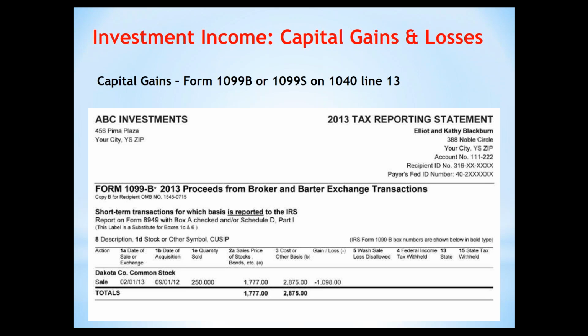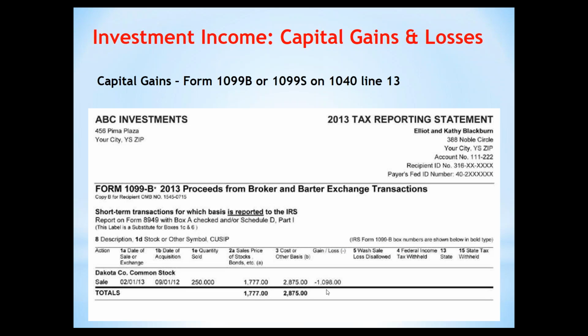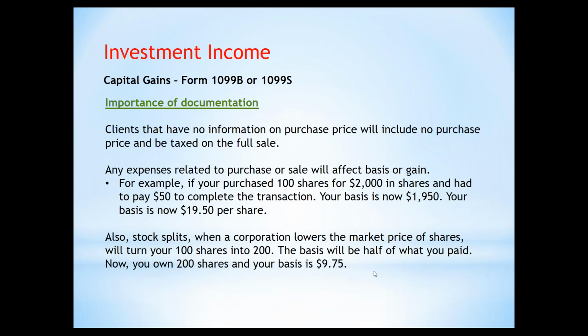That date will tell you exactly how long the person has had it. The cost basis is right over here, as well as the adjusted cost basis or the sale price. And then whether it's a gain or a loss. So it's actually pretty basic and pretty easy. Just know that it's really important that somebody has their documentation.